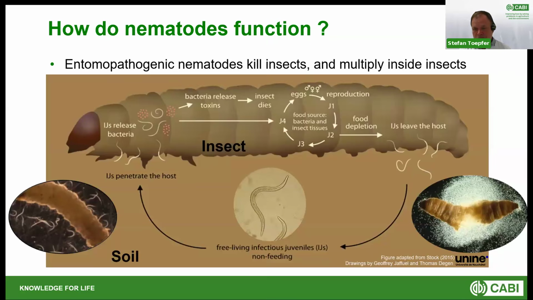So let's start with the nematodes. I will go step by step through the life cycle and try to make the link to the usage. So what does it mean for using nematodes? First of all, nematodes are usually soil living. They are in the soil.